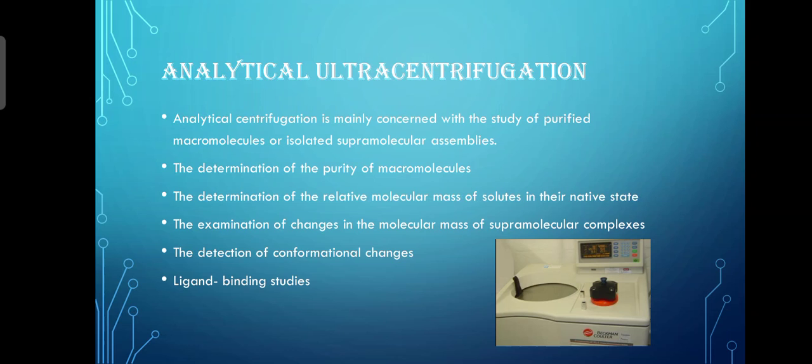Its main aim is to study molecular interaction between macromolecules or to analyze the properties of sedimenting particles, such as their apparent molecular weight. It also determines the purity of macromolecules.